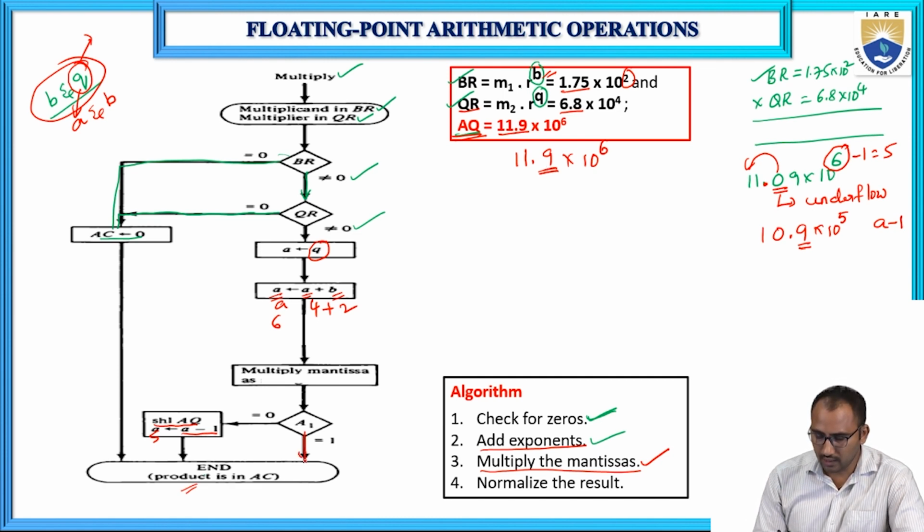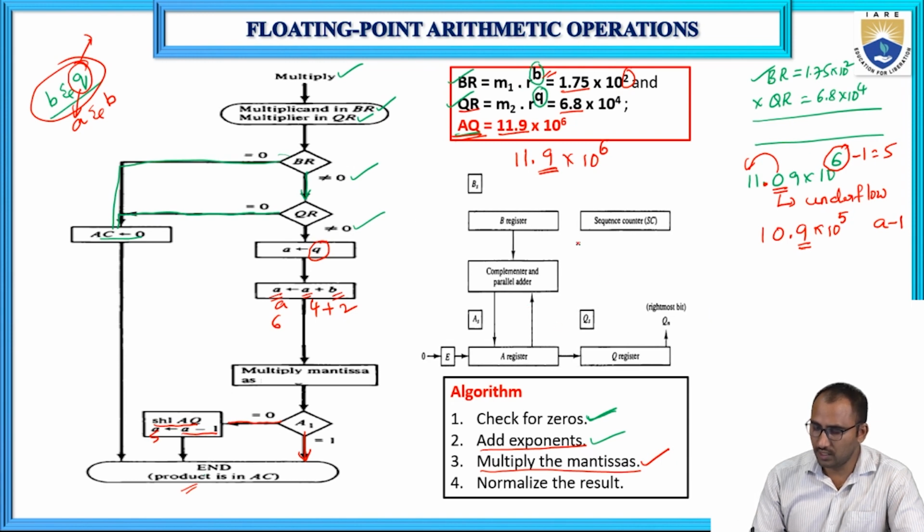That's why the operation will end directly. Only if an underflow occurs will the control flow in this way. So this is floating point multiplication between any two registers.